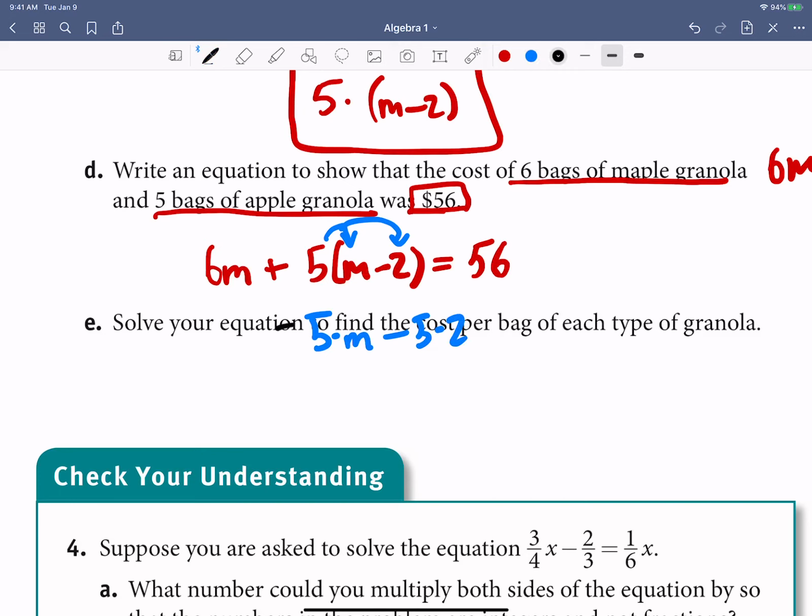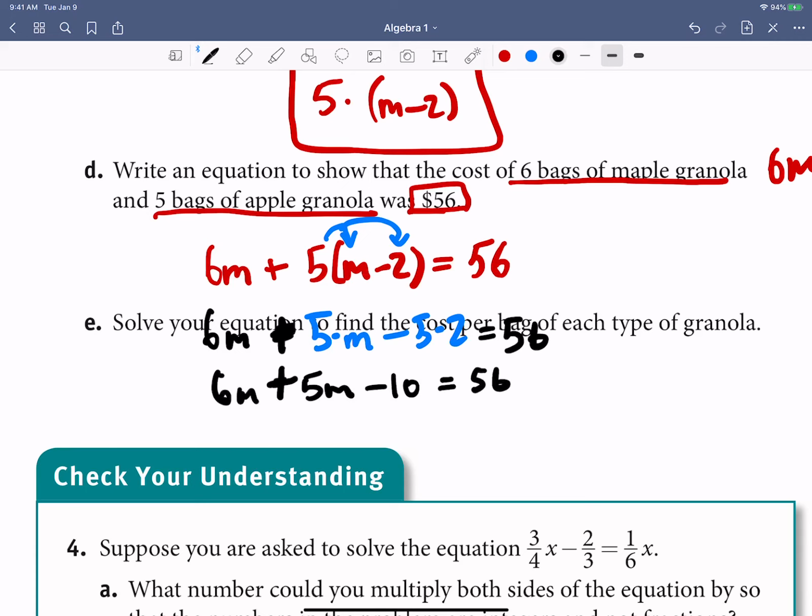Everything else stays the same, and 6M is equal to 56. Now all we've got to do is solve for the variable. So we simplify: 5 times M is 5M, and minus 5 times 2 is going to be -10. And this is a plus sign, so it's plus 6M equal to 56.